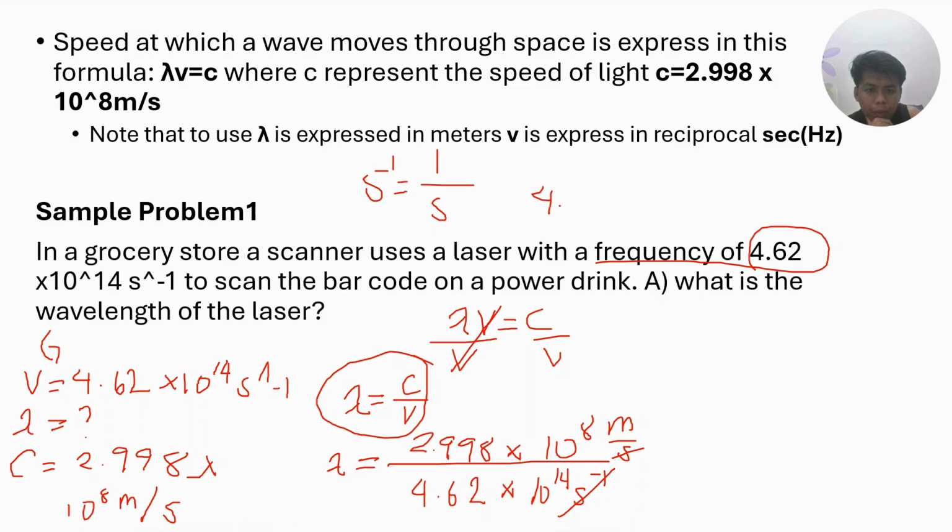We will have 4.62 times 10 raised to the power of 14 1 all over s, over our speed of light, which is 2.99, sorry, 2.998 times 10 raised to the power of 8 meters per second.